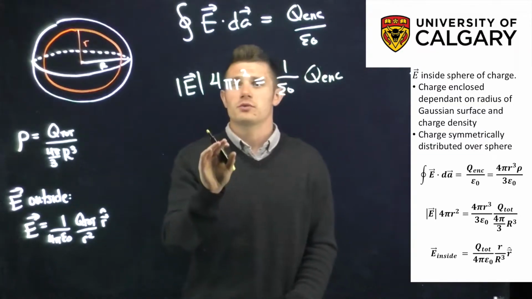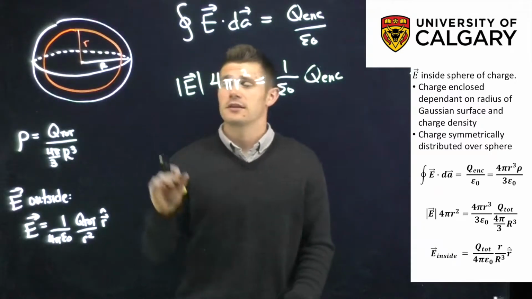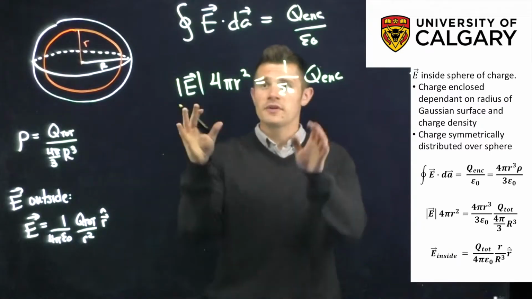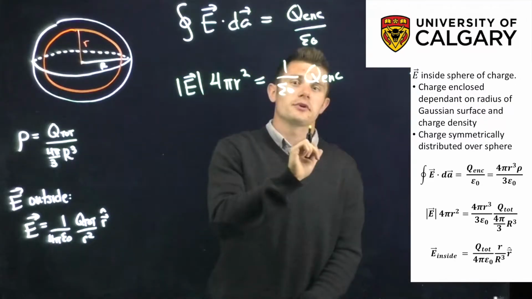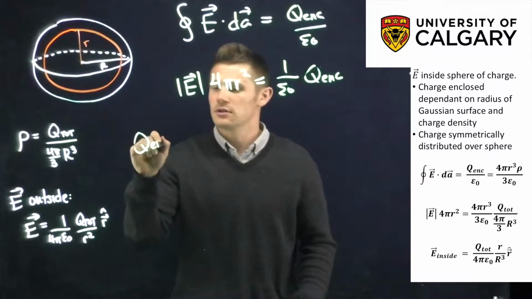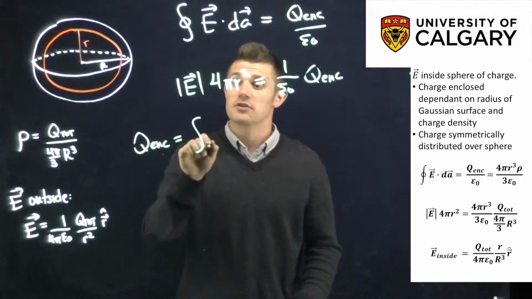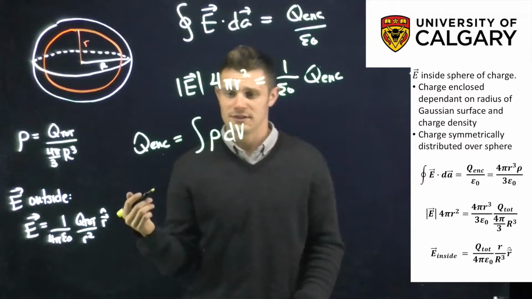This 4 pi r squared, the r squared, comes from the radius of our Gaussian surface inside the sphere of charge. The only thing different from the electric field outside is this Q enclosed, so we work through to find what Q enclosed is. We find that Q enclosed is equal to the integral of the charge density multiplied by the volume element dV.